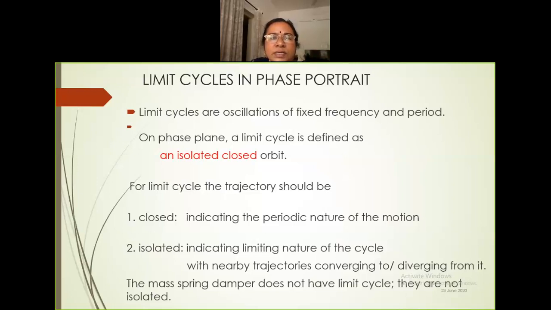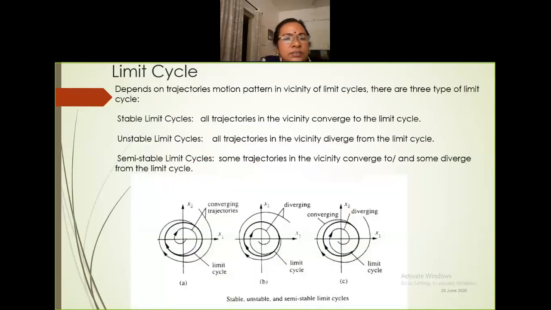A limit cycle is defined as an isolated closed orbit. You can see in this diagram, can you see one isolated closed orbit? This bolded diagram is an isolated closed orbit, isn't it? Again in this figure, this bold one is an isolated closed curve. Then this one is again an isolated closed curve. So the limit cycle is an isolated closed curve.